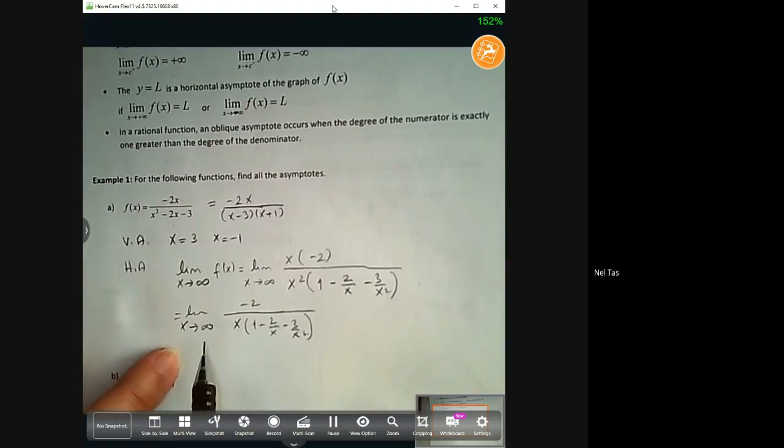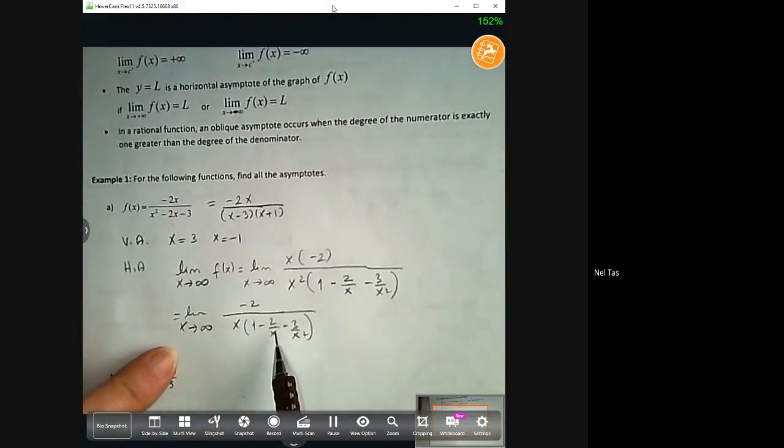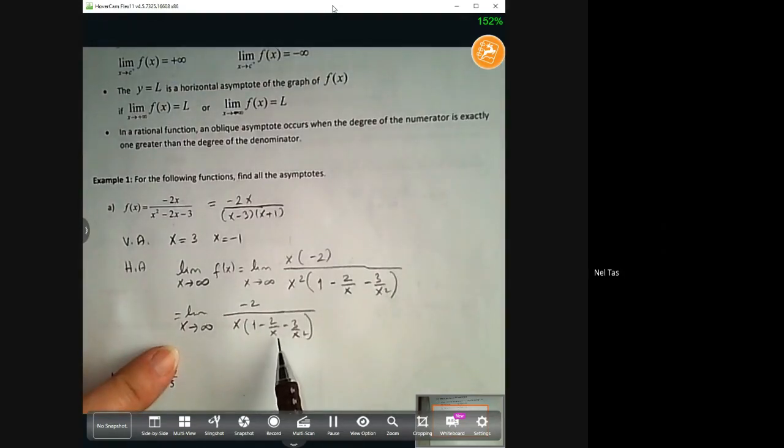Now if you put in a value that is very big, because x approaches infinity, then 2 over infinity, or 2 over a very big number, will give you 0 in terms of limits. Again, a number divided by a very big number gives you almost 0. So this becomes 0 and that becomes 0.